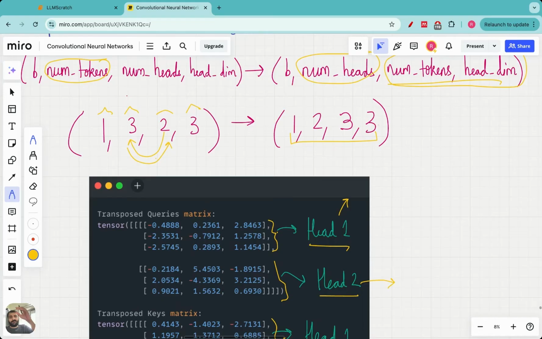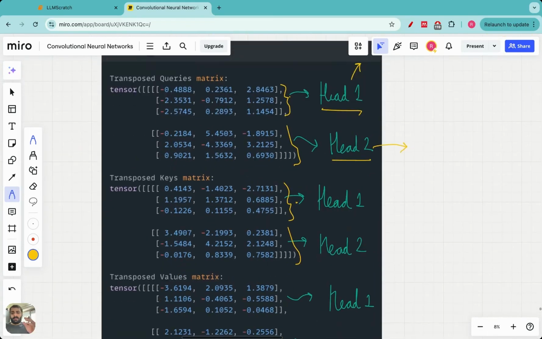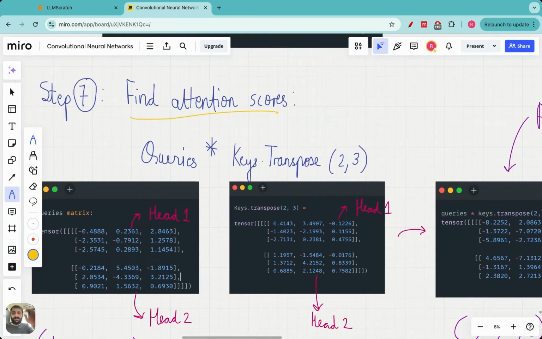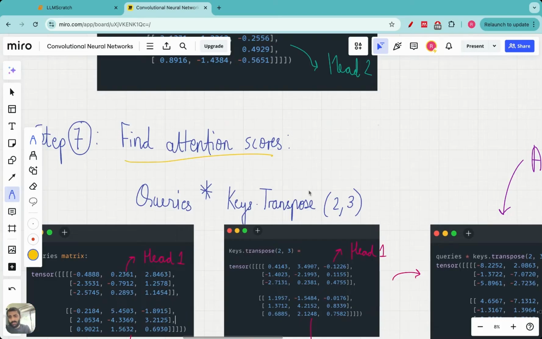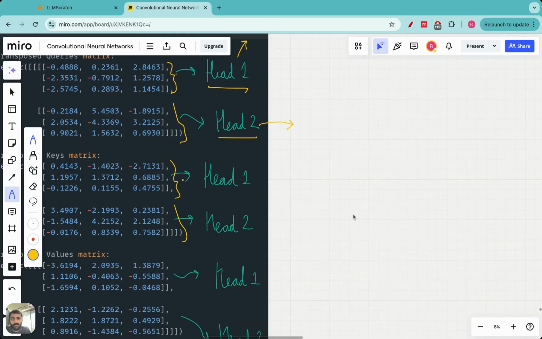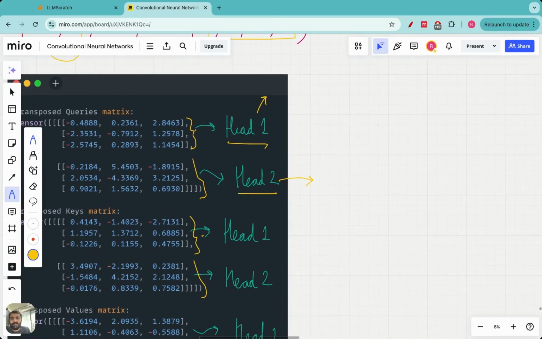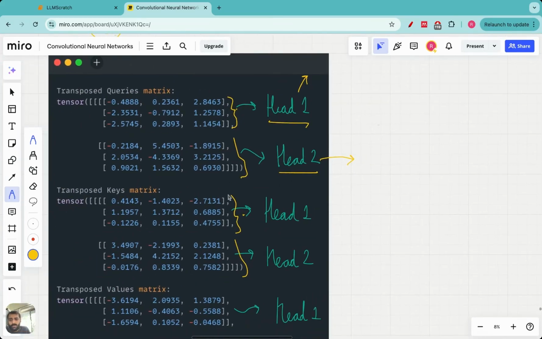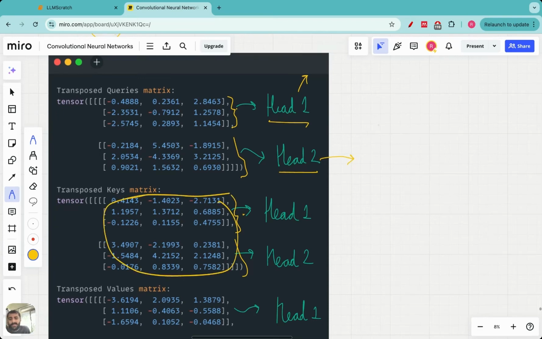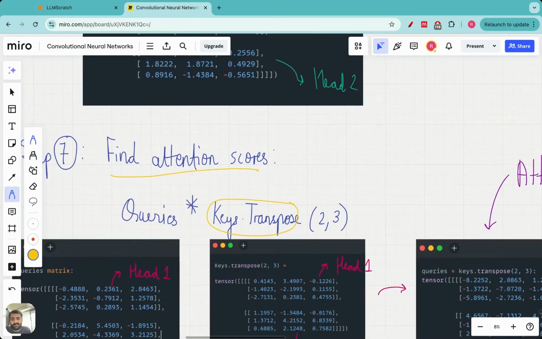So remember the formula for calculating the attention score is queries multiplied by keys transpose, right? So here also we are going to do queries with respect to keys transpose, but what exactly do we have to transpose? We have to transpose the last two dimensions, and let me show you what that transposed key matrix looks like.